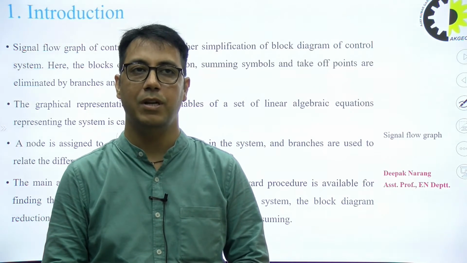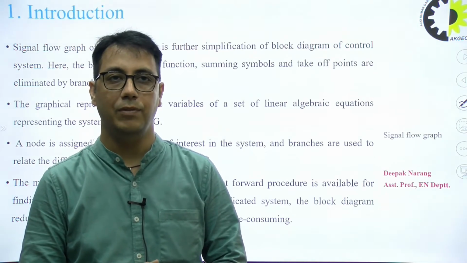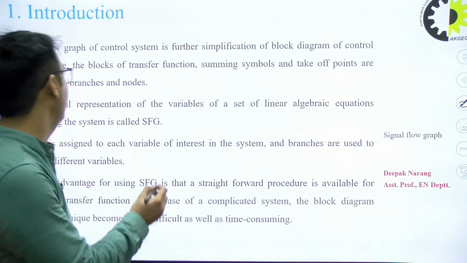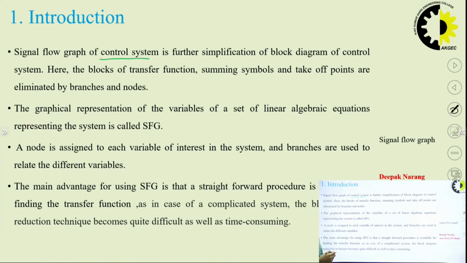So first of all, starting with the introduction of this signal flow graph. Signal flow graph is basically a control system which is the simplification form of block diagram, and here the blocks of transfer function, that summing symbols and takeoff points, are eliminated by branches and node.